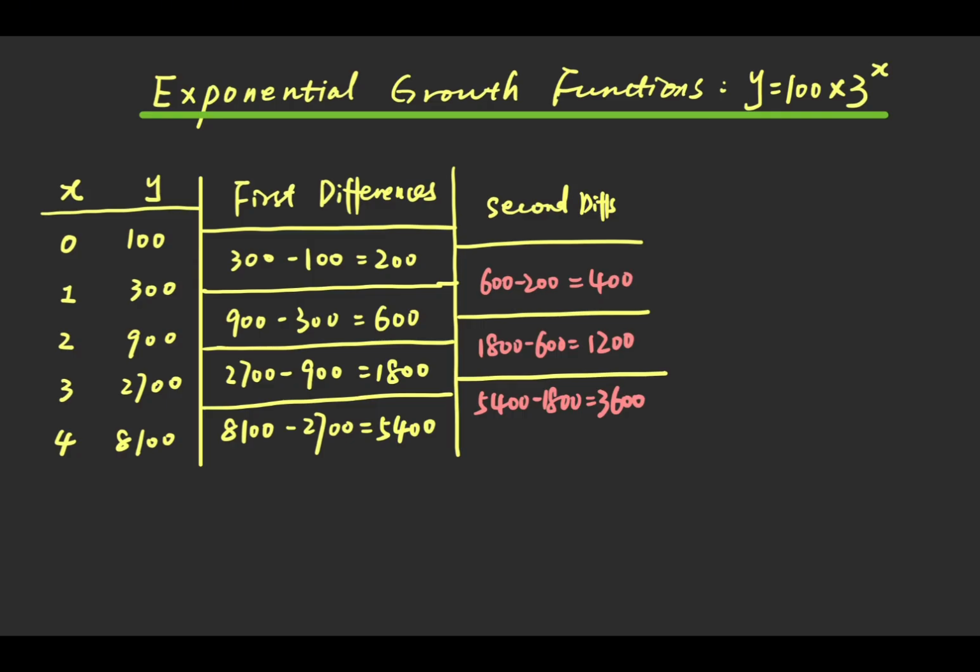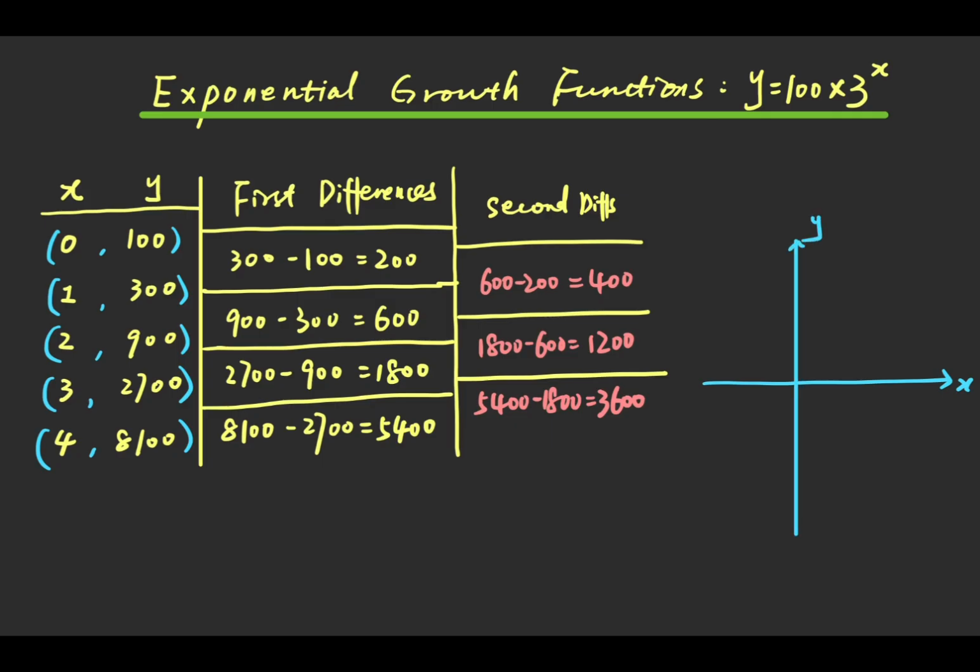All right, if you locate the corresponding points in the Cartesian plane, you will find out we can sketch the graph like this. This point should be 100, all right? Because this point is (0, 100), and the graph should be like this.